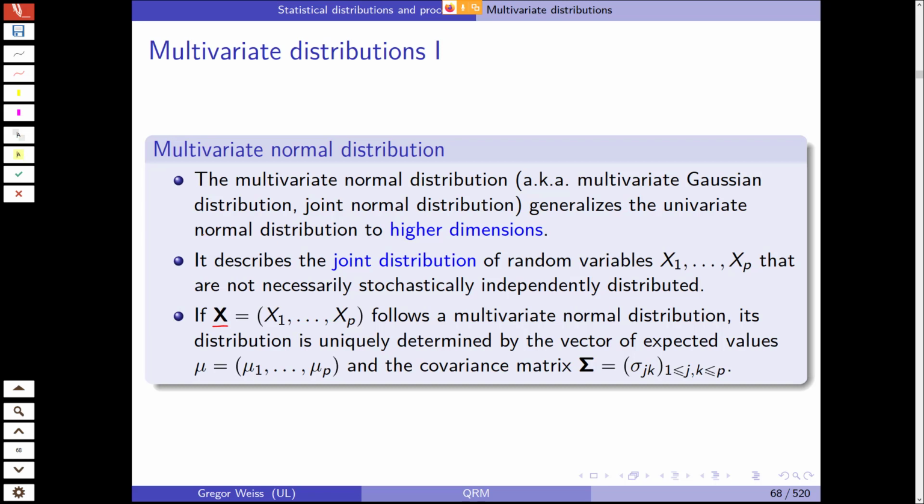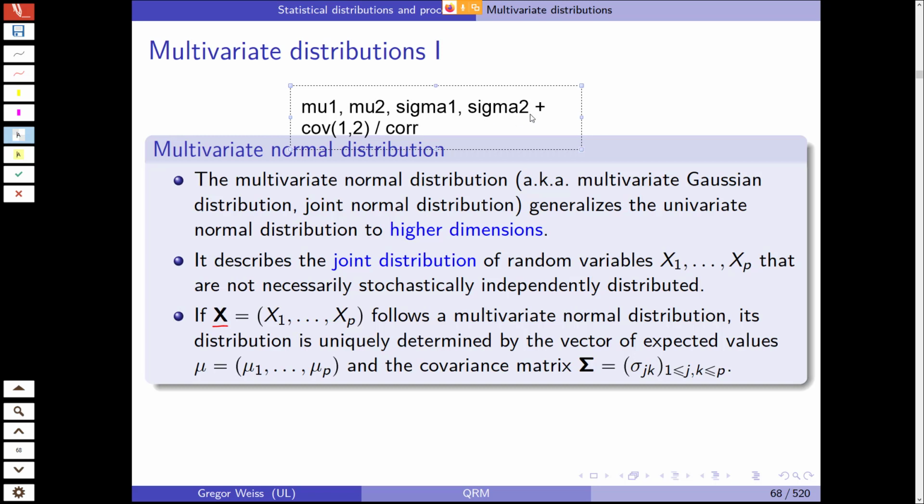It's very simple to see that you only need, say, mu1, mu2, sigma 1, sigma 2. So in two dimensions, you need the parameters of the two normal distributions. And then what else you need is the covariance between 1 and 2, or alternatively the correlation between the two.